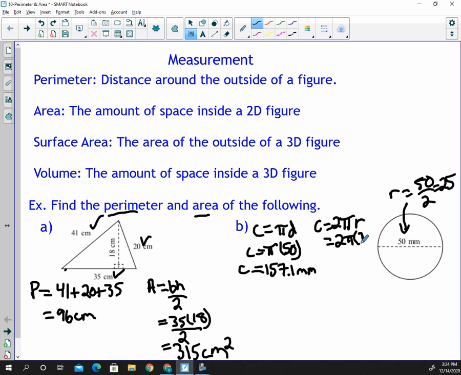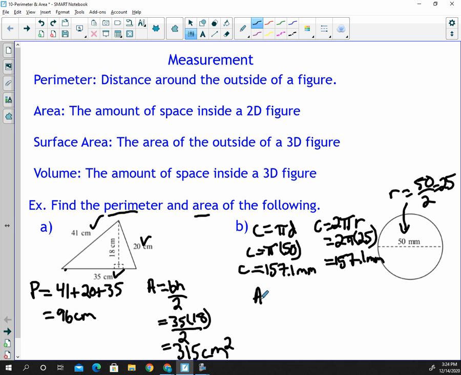We can substitute that into our equation. Now we're going to have 2 times pi times 25. We can do the multiplication in any order we want. 2 times 25 is 50, so we get 50 pi, which gives us the same result that we had a while ago, 157.1 millimeters.